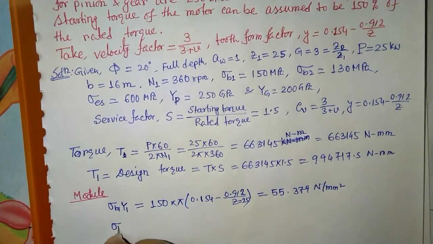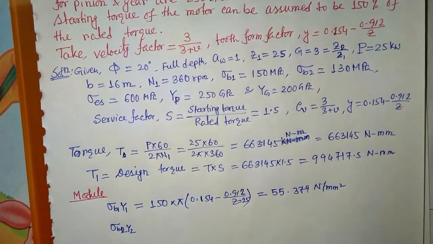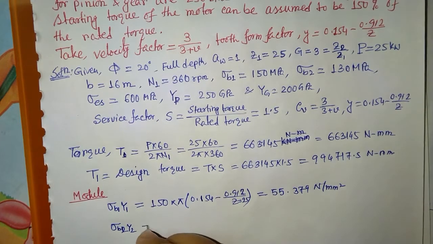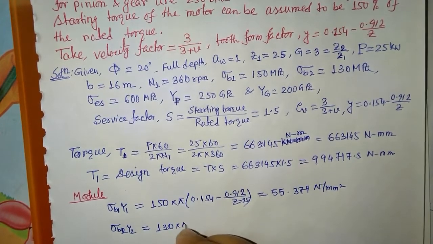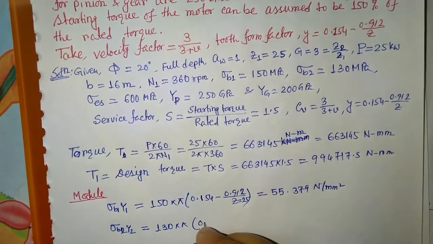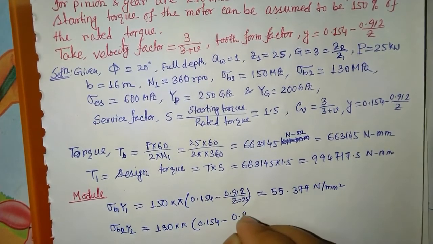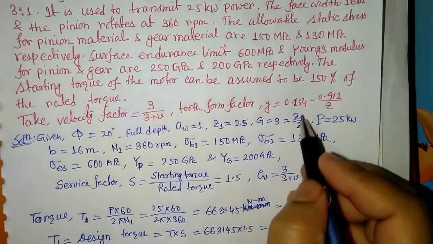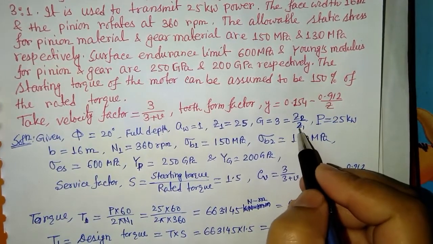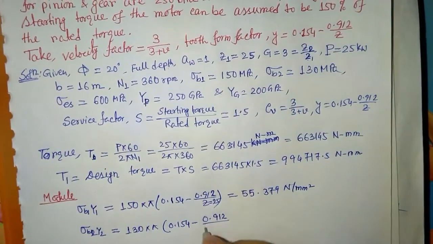Similarly, we will check for the gear, sigma b2 into y2. Sigma b2 into y2 is 130 into pi into 0.154 minus 0.912 by z2. If you see here, z2 by z1 is equal to 3, and z1 is 25. So z2 will be 3 into 25.